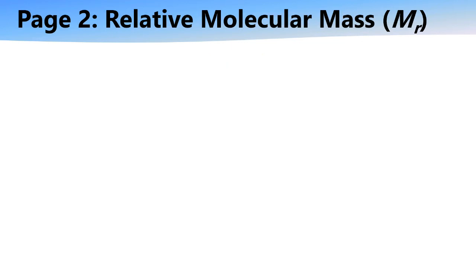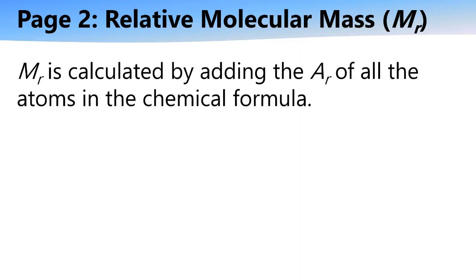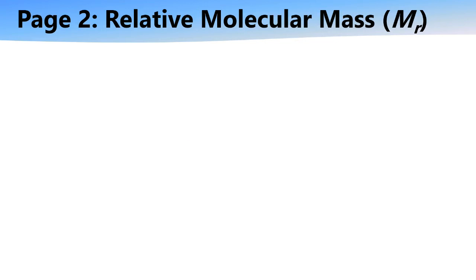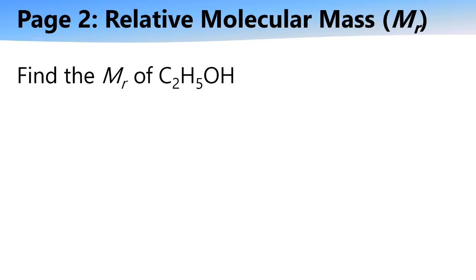In the previous lesson I introduced you to how to calculate molecular mass. MR is calculated by adding the relative atomic mass of all the atoms in the chemical formula. And please remember, AR and MR have no units. So for example, find the MR of C2H5OH.